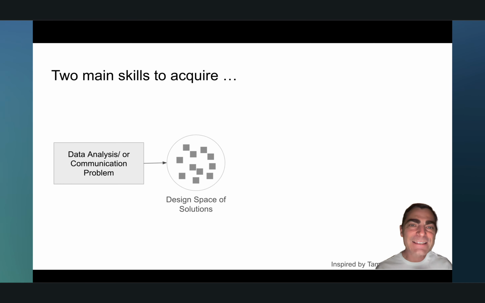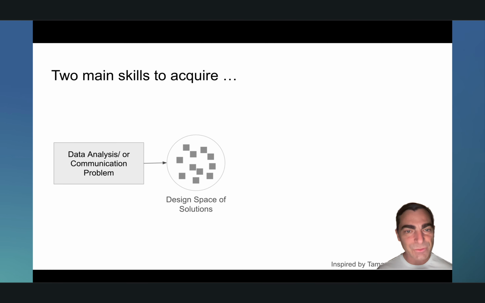But the design space of solutions, virtually every time, is really, really large. And that's one of the biggest problems with visualization. So how do you go about finding appropriate solutions within this design space?